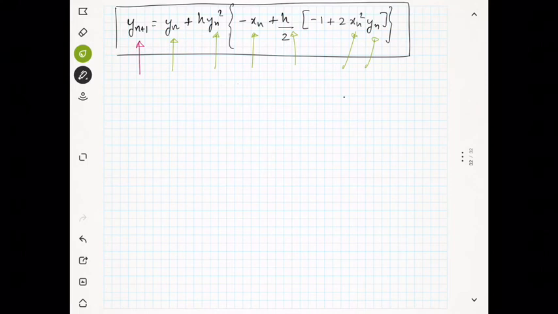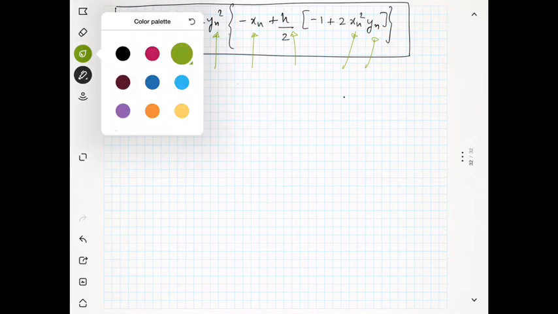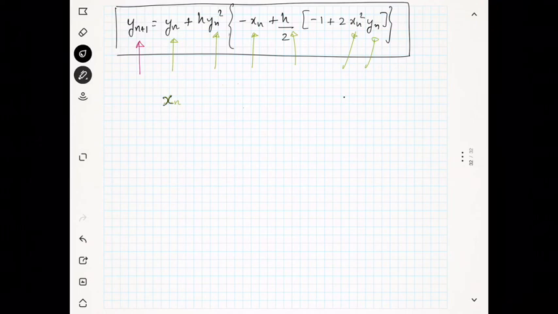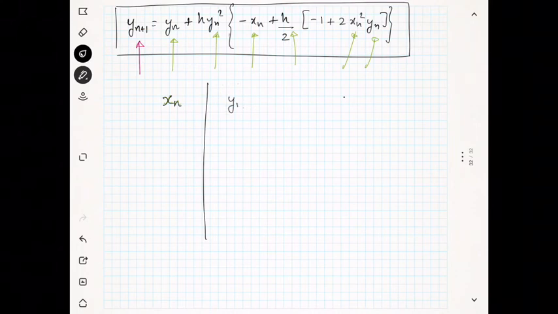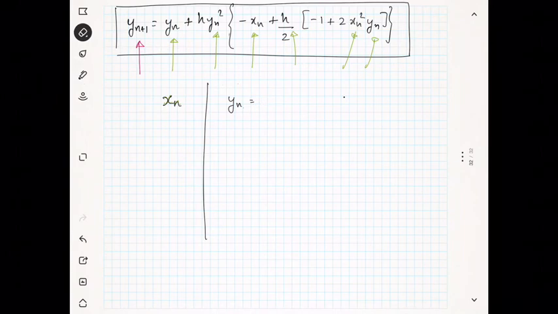So we are going to find the solution. We are going to draw the table now. This is x_n, and we are going to calculate y_n. y_n is nothing but y of x_n.